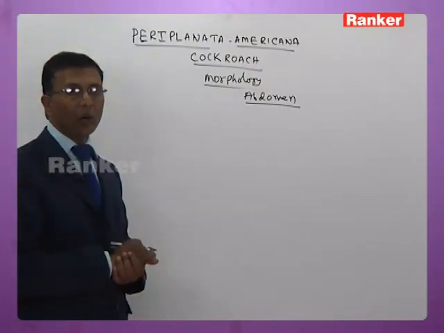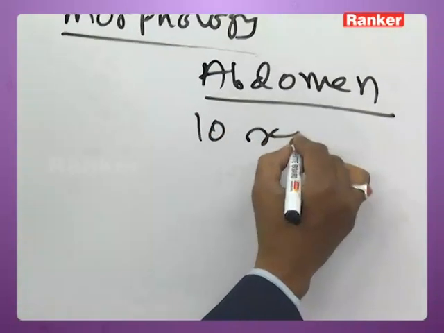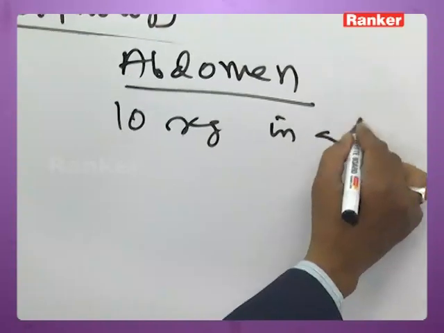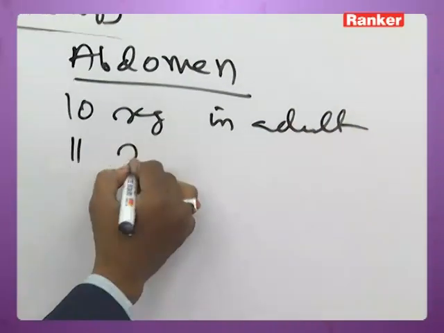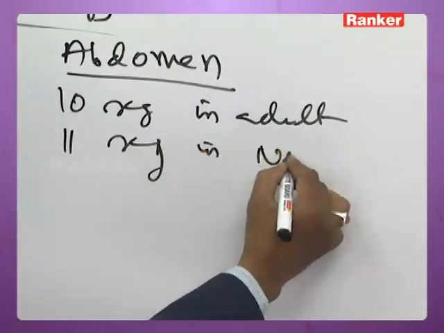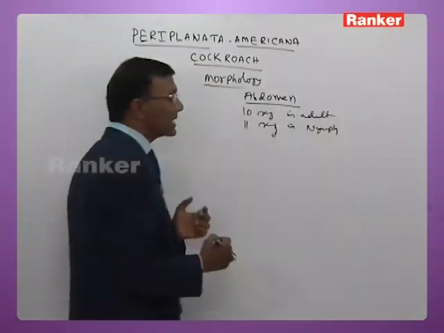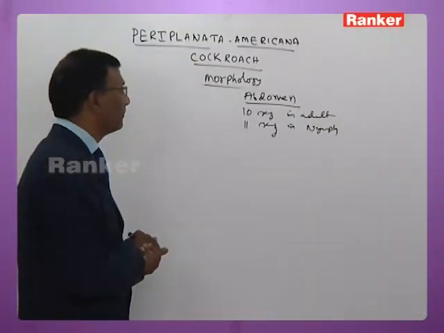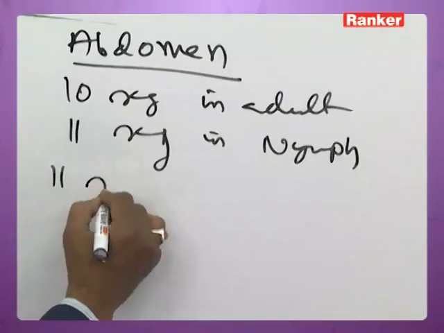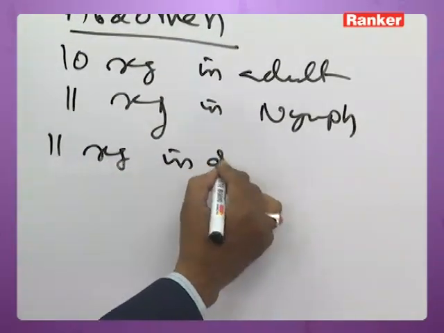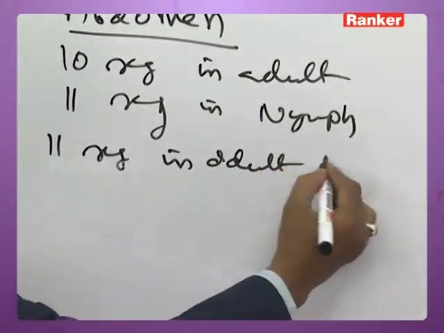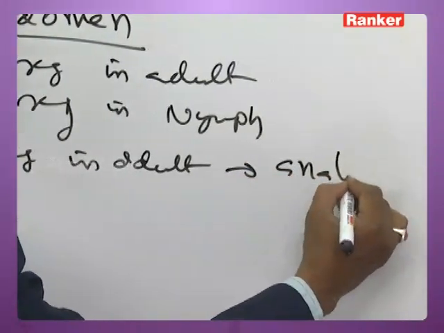Now abdomen in cockroach is 10 segmented in adult, 11 segmented in nymph. The 11th segment in adult gives rise to anal cerci.